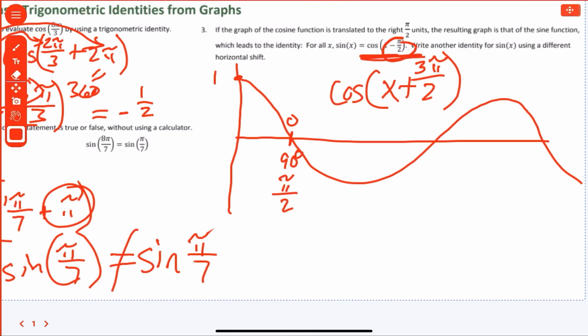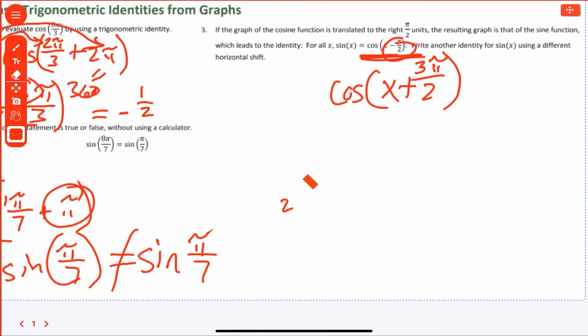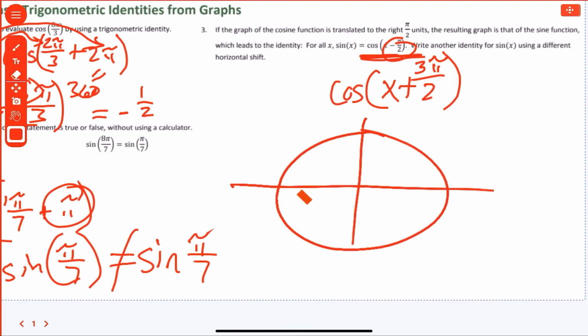This right here is going to get us, if we went a negative 90 degrees, let's look at our circle here. If this is pi over 2, a negative pi over 2 would be down here.